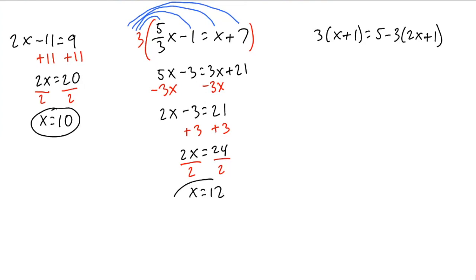Alright, then this last equation over here, we've got parentheses, so that means we're going to be using the distributive property. So 3 times x is 3x. 3 times 1 is 5.